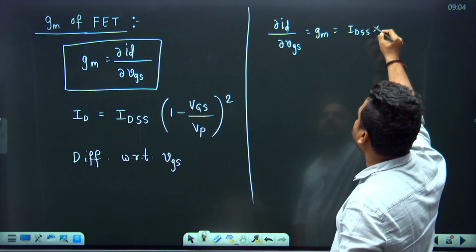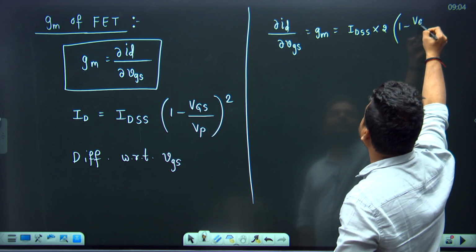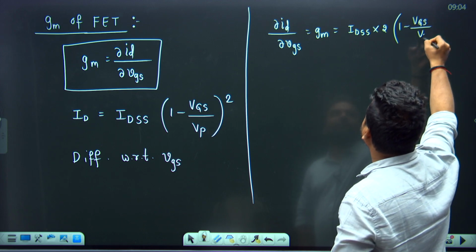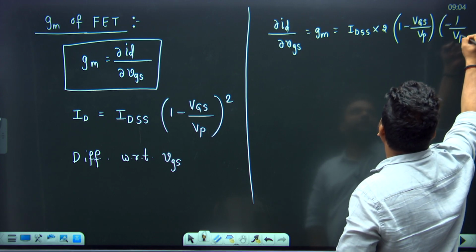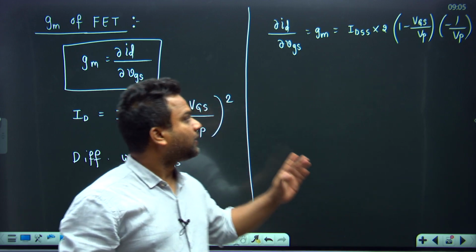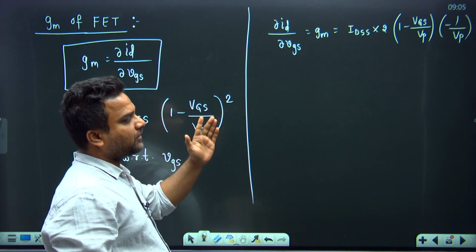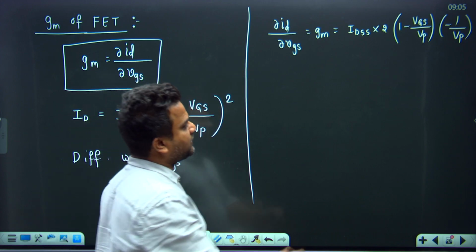now if you differentiate with respect to VGS guys, you get IDSS, differentiation of x square is 2x, 2 into 1 minus VGS by VP, again differentiation of x, that is minus 1 by VP. This one guys, that is 2 IDSS into 1 minus 1 by VP into 1 minus VGS by VP.